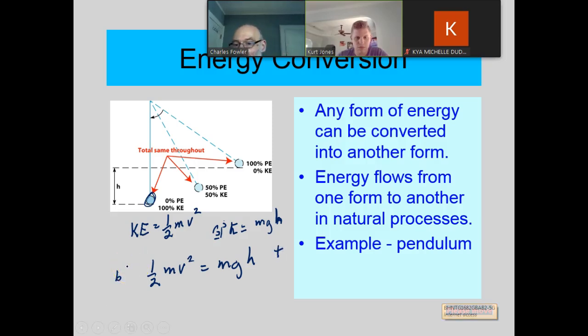All the energy is in one of those two forms. So let's find out what the velocity is at the bottom. You know what the mass is. You know what the acceleration due to gravity is. You can measure the height at the top. It's really hard to determine what that velocity is at the bottom. You have to have a speed gun and operate it just perfectly, and you still only get an estimate. So let's solve for v and find out what the final velocity is at the bottom. What would be the first thing you would do to isolate the v?